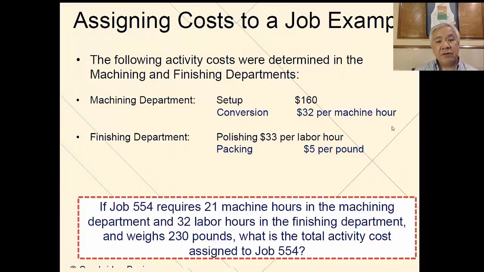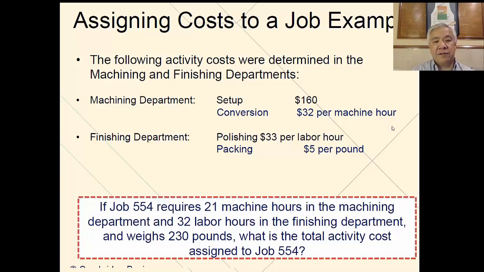So if we wanted to go to the other departments, we had machining and finishing, and to save us the work, we just illustrate that if we went through the exercise of going from department to function to activity, we would have found that machining has two activities: setting up the conversion of the steel into shelves and the actual conversion, forming the shelves. And when we do the cost divided by the driver, we ended up with a setup of $160 per run, and then we have $32 per machine hour for allocating the cost of manufacturing the shelves.